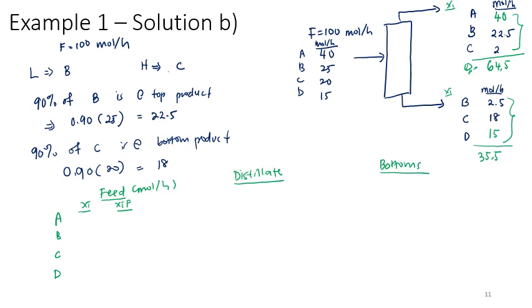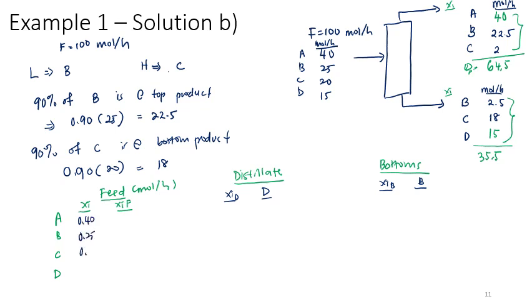So xi at the distillate, and then B, and then xi at the bottom, and then B. So here it's a bit confusing because D and B are also components. There is also component B and component D. So you just have to not be confused.